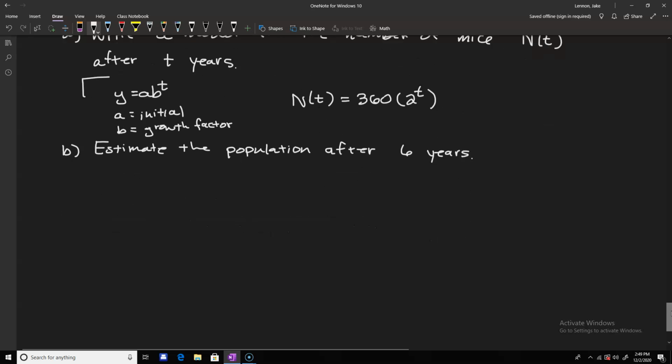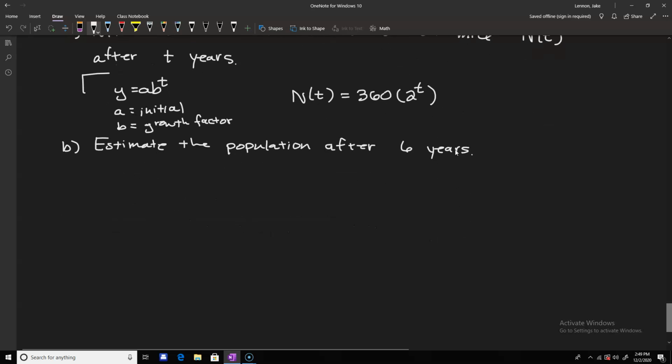So if we want to estimate after 6 years, then we just go ahead and plug that in. So this is just going to be N of 6, which is going to be 360 times 2 to the 6th. And let's go ahead and see what that is. So it comes out to 23,040 mice.